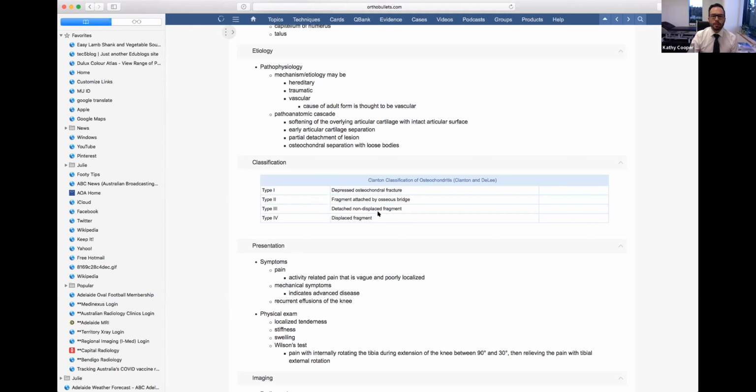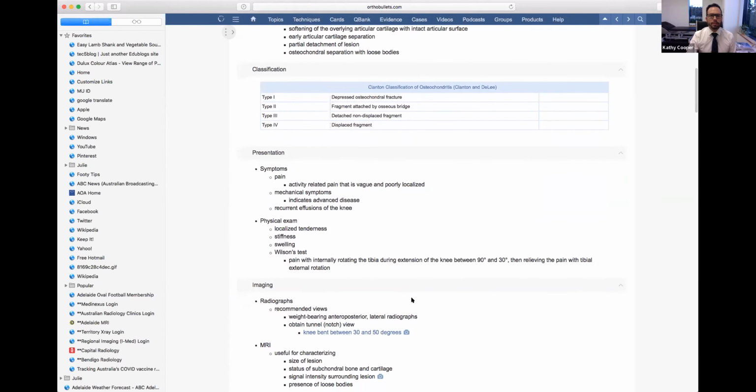Type 2s is where they'll start to fragment, and you've got it hanging on by an osseous bridge, and then you can have a detached, non-displaced fragment. So a fragment sitting in the defect, possibly held in by some fibrocartilage or scar tissue, but it's about to become a loose body and then a displaced fragment, so the type 4s.